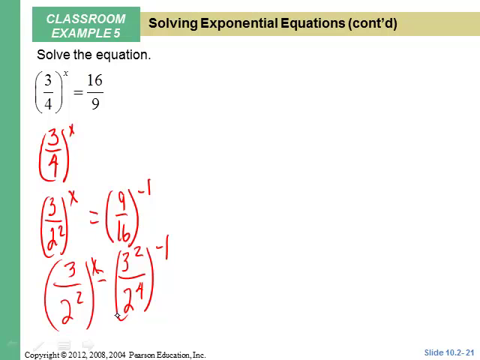Now we have to take all the powers out, so we have 3 to the x over 2 to the 2x equals 3 to the negative second over 2 to the negative fourth. That one's not going to be easy to solve, is it?